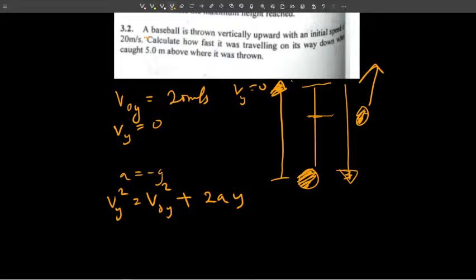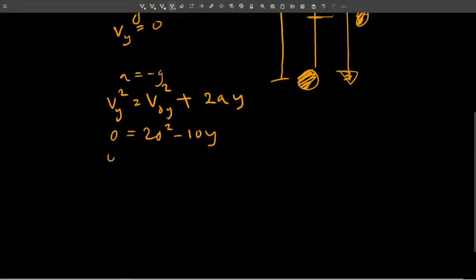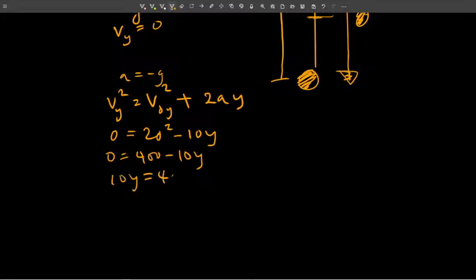So 0 equals 20 squared. It's going up, so A is minus G, that's minus 10y. So 0 equals 400 minus 10y, so 10y equals 400, so y is 40 meters.